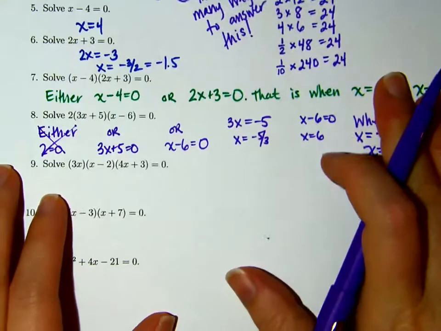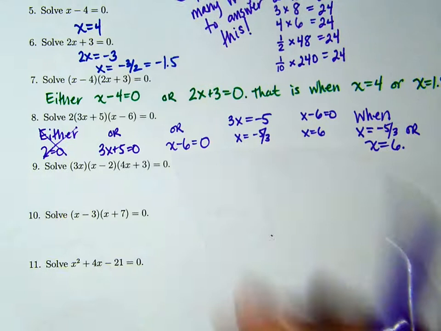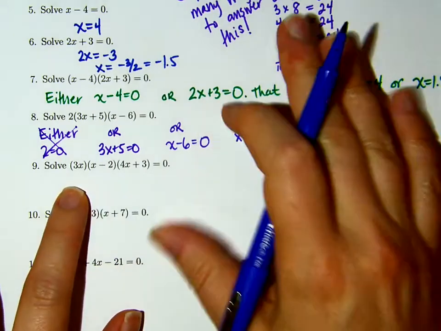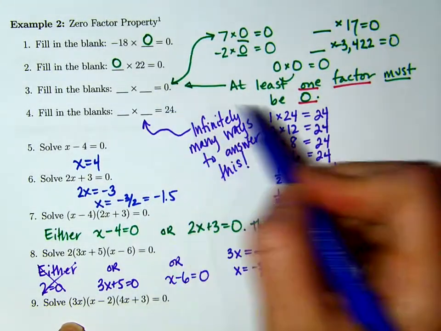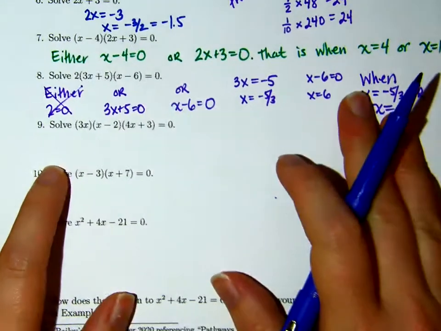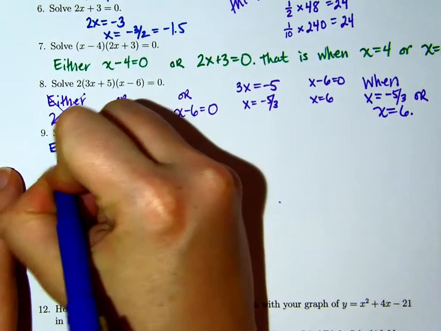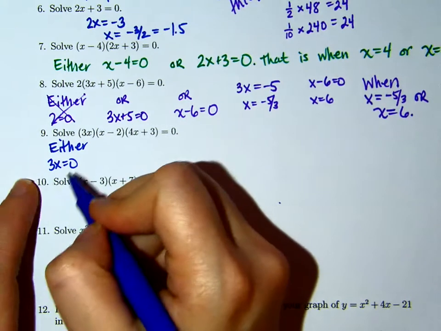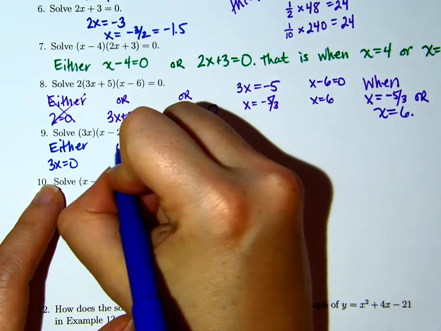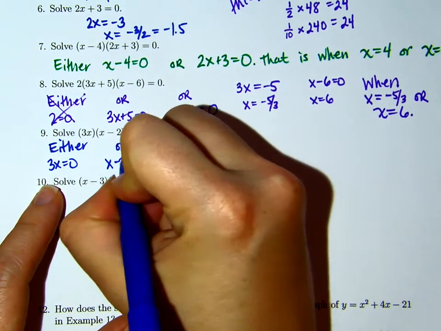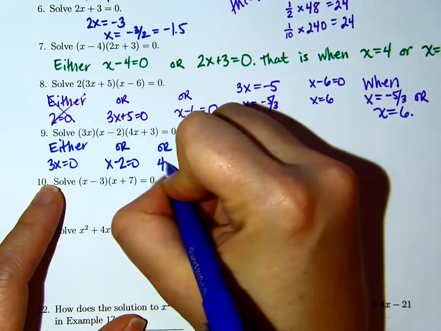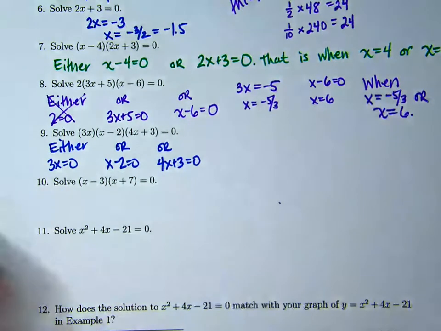But in number 9, well, that's a little interesting. We have 3 things in there being multiplied to get 0. So at least one factor must be 0. So either 3x equals 0, which can happen, or x minus 2 equals 0, or 4x plus 3 equals 0.